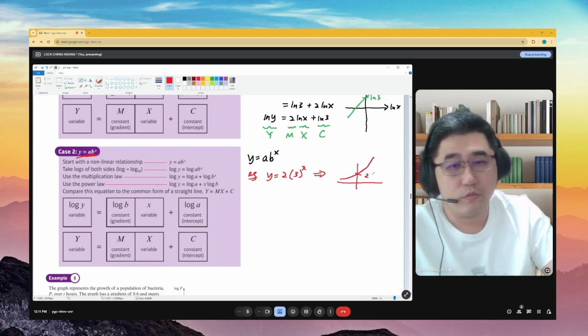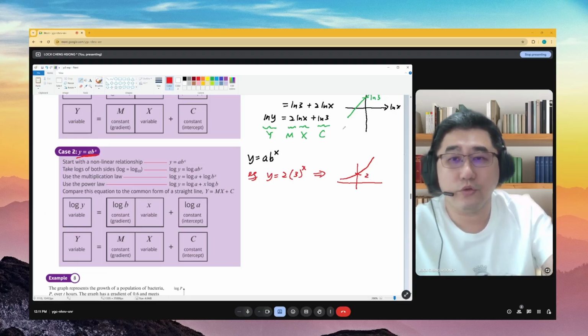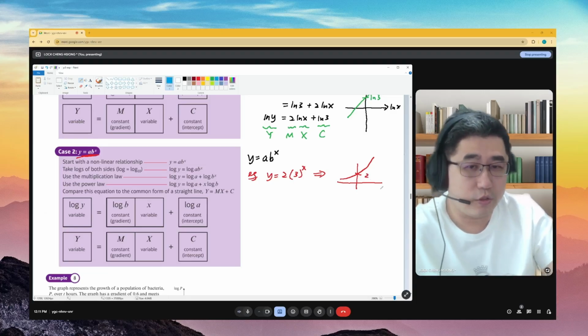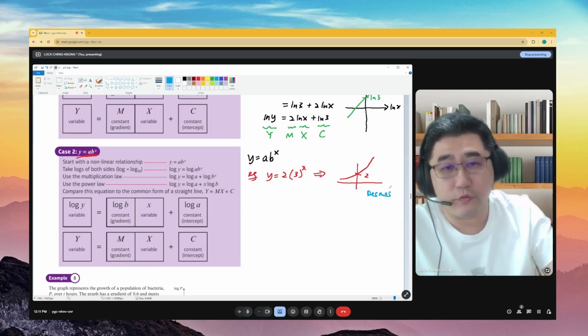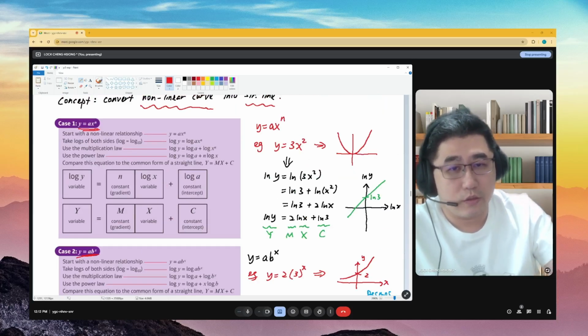This is a 2. This is how the shape looks. If you're not sure whether this shape is correct or not, you can go for decimals. You can try to key inside decimals to verify it. And this is your x, this is your y.